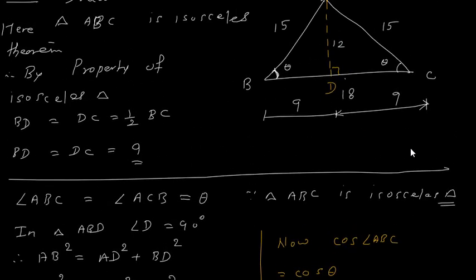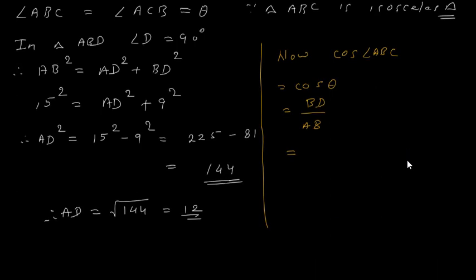The value of BD is 9, upon the value of AB, 15. By 3 I can cancel both numerator and denominator. So 3 3s are 9 and 3 5s are 15. So cos of angle ABC is 3 upon 5.